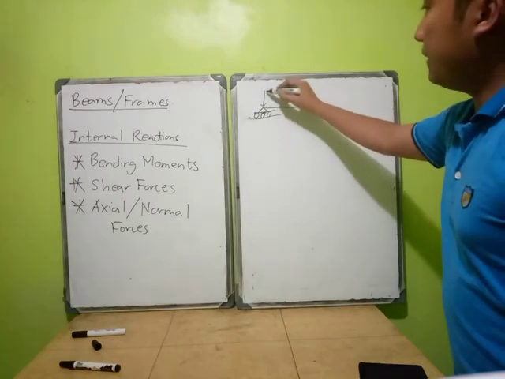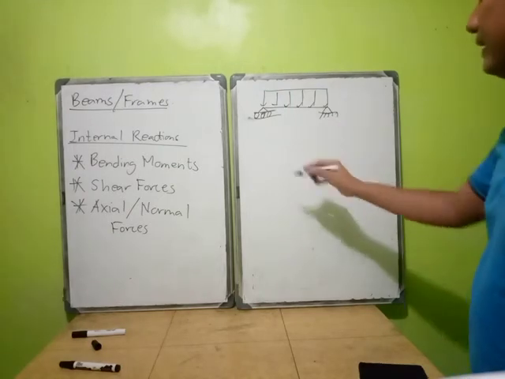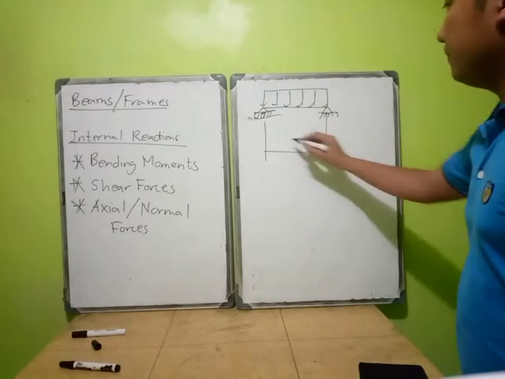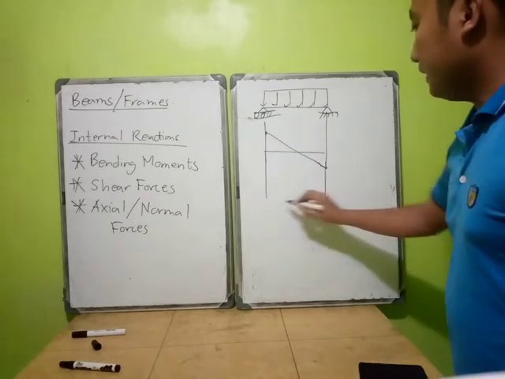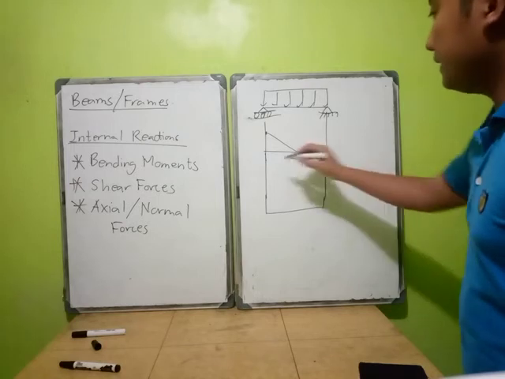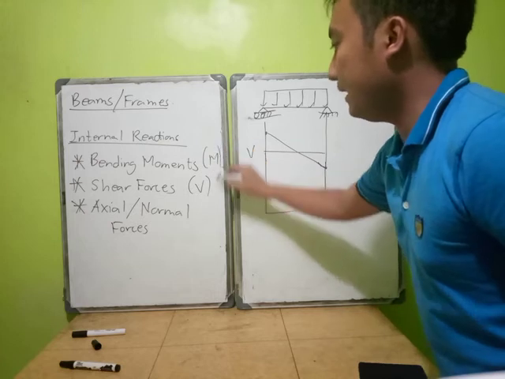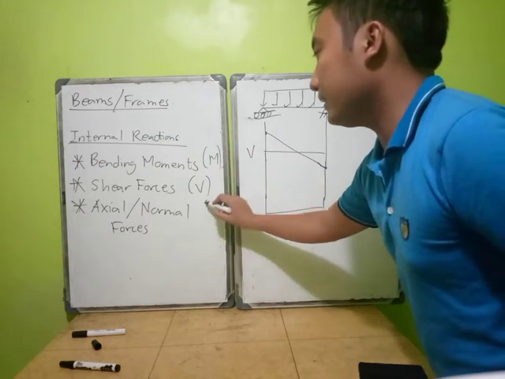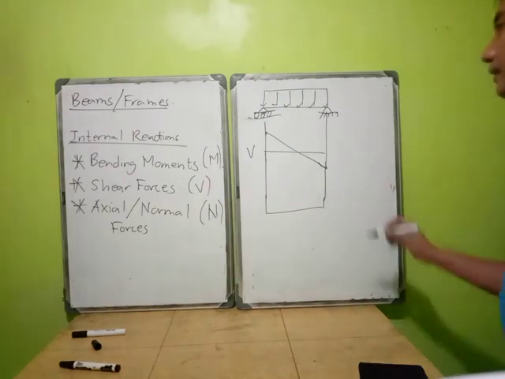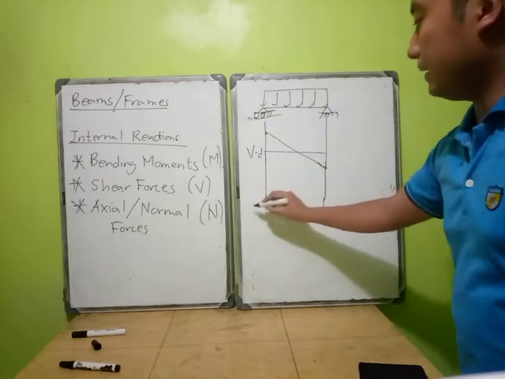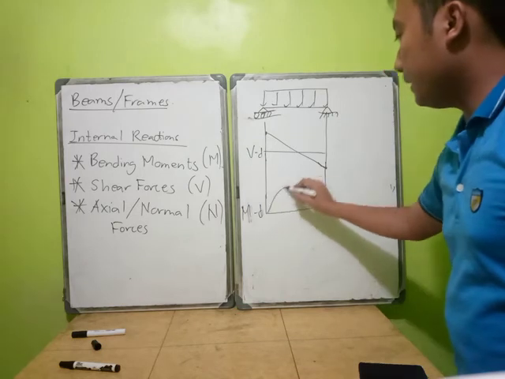Kapag subjected siya into certain loads, meron siyang bending moment na ganito yung porma. Hindi siya bending moment, this is shear forces. So, this is in terms of V. And then, bending moments is M. And then, yung axial or normal forces, N siya. So, meron siyang shear diagram. And then, meron din itong moment diagram na ganito yung porma.